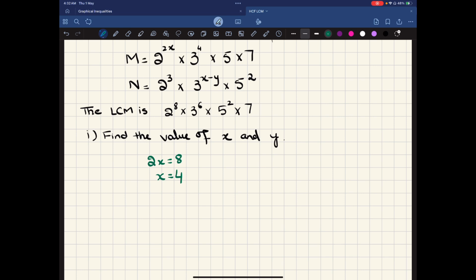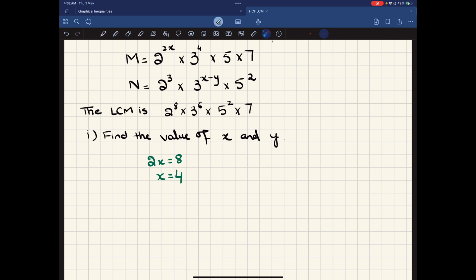Okay, why? Because LCM takes the highest power of each factor. So 2 raised to the power 8 means that since this is 3, the power of 2 is going to be 8 for m. So we're just simply going to equate 2x is equal to 8 and we have x is equal to 4 as the answer.